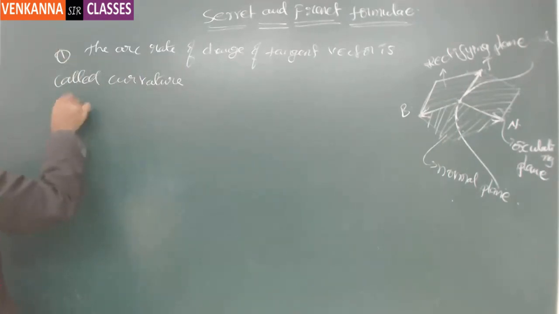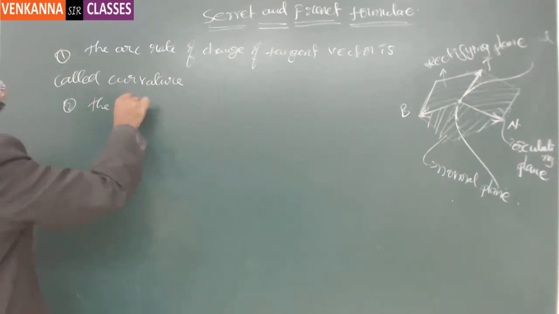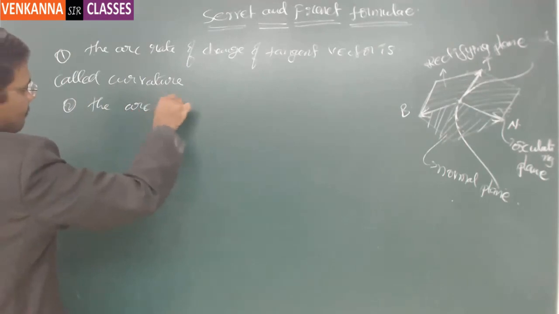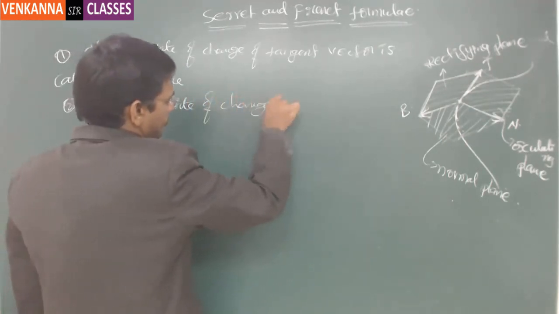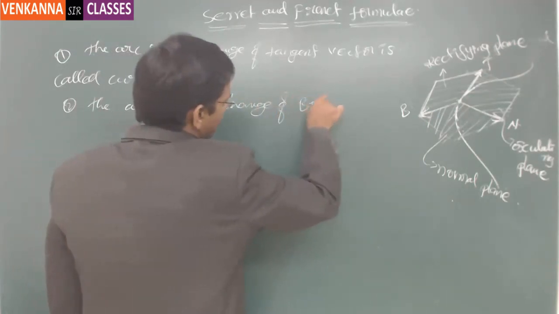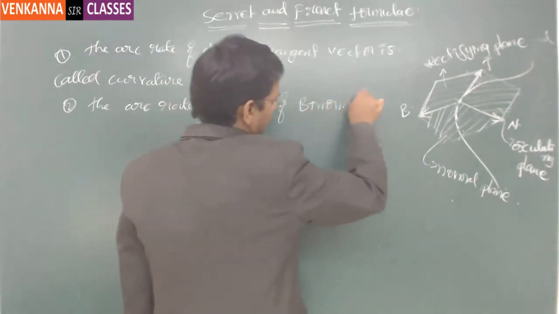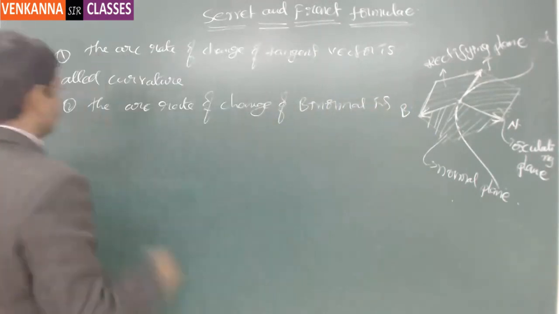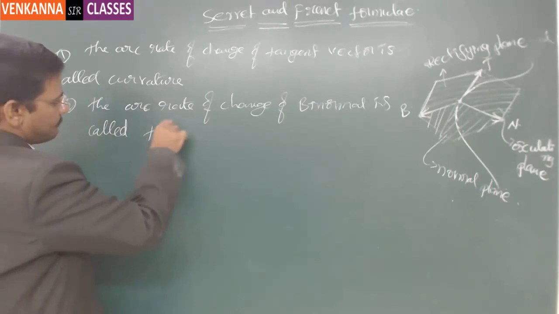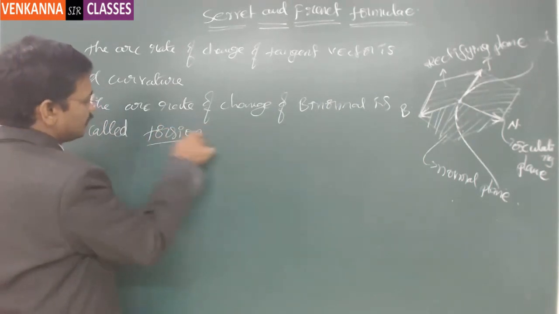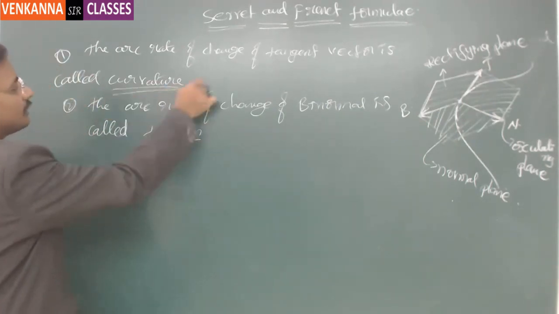And the second one, the arc rate of change of the binormal, is called torsion. So these are the two fundamental definitions, curvature and torsion.